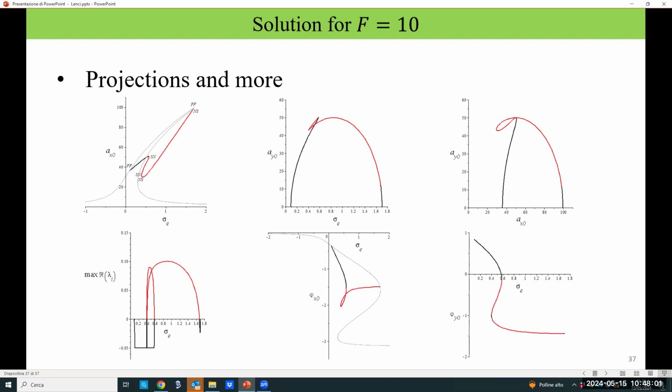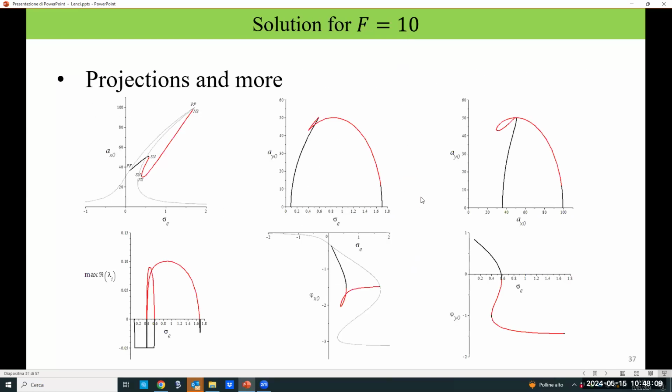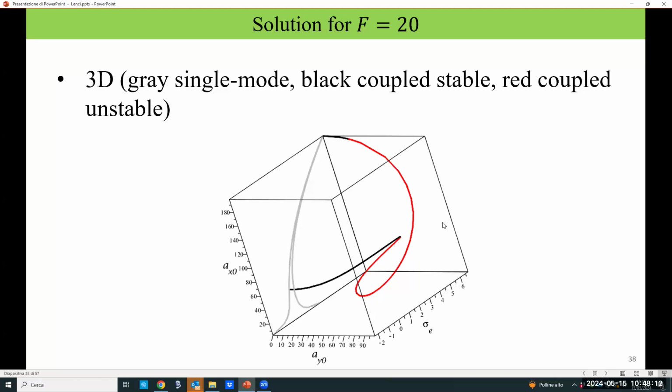And again, we are happy with this, of course. Let us increase again the excitation amplitude up to 10, even more complex behavior, up to 20, more and more complex, more bending in the coupled mode. But again, there is a branching from the gray, and the gray is the uncoupled mode.